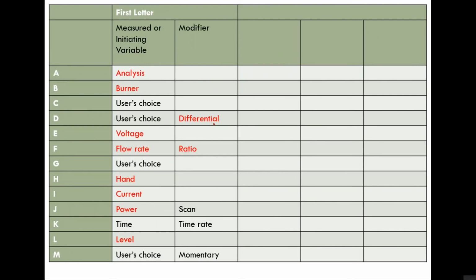So what are the different modifiers that are used? First one, differential. D is used for differential. Please note, we can't use this modifier alone. That is not possible. We have to use this modifier with the first letter. If you are using this D with pressure, that is PD.